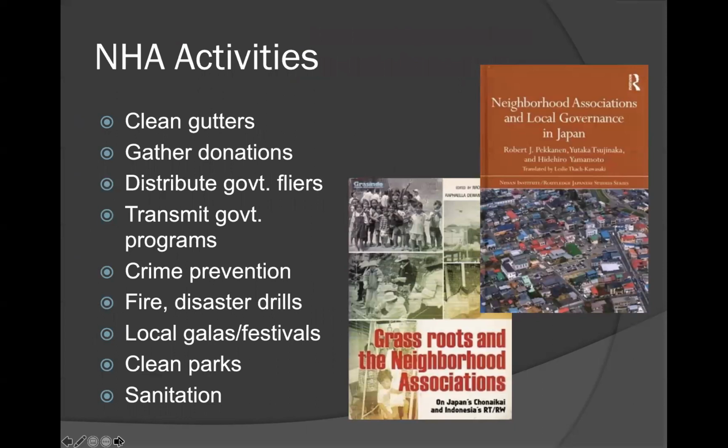But basically, neighborhood association activities would be fairly simple, like cleaning gutters, gathering donations, but they would also do things like distribute government flyers, transmit government programs like sanitation programs. They do crime prevention, fire, they practice for disaster drills. They also do fun things like local galas and festivals. They clean parks, and they participate in making their neighborhood meet sanitary requirements.